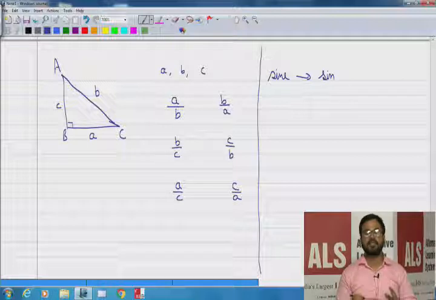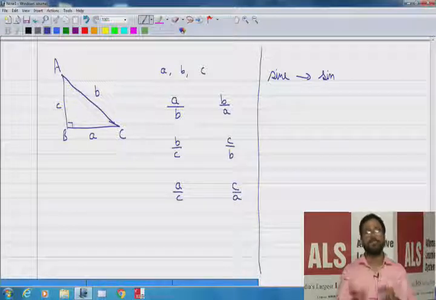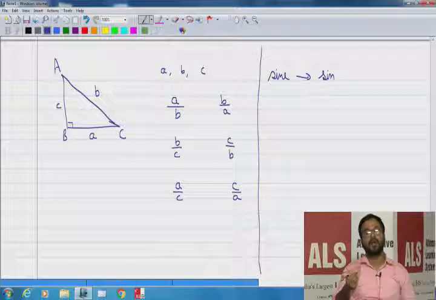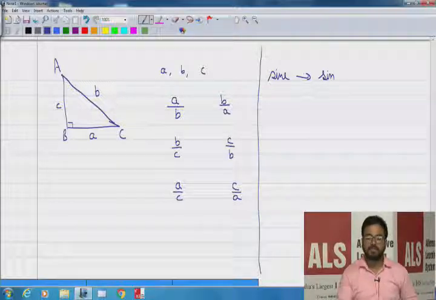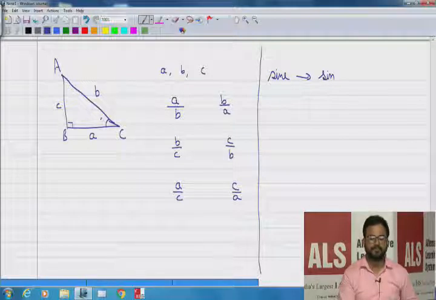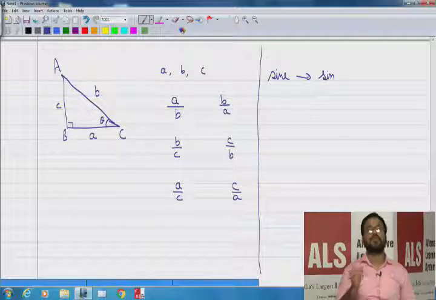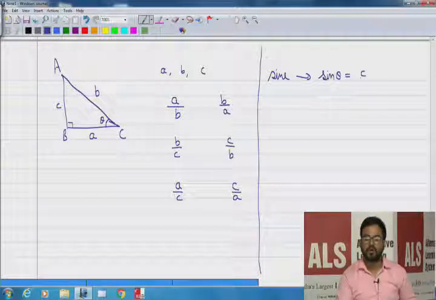This represents the ratio of the opposite and hypotenuse, or you can say the perpendicular and hypotenuse. If I am considering this angle, sine of angle C or sine of theta is the ratio of opposite and hypotenuse, which is C upon B, or perpendicular over hypotenuse.